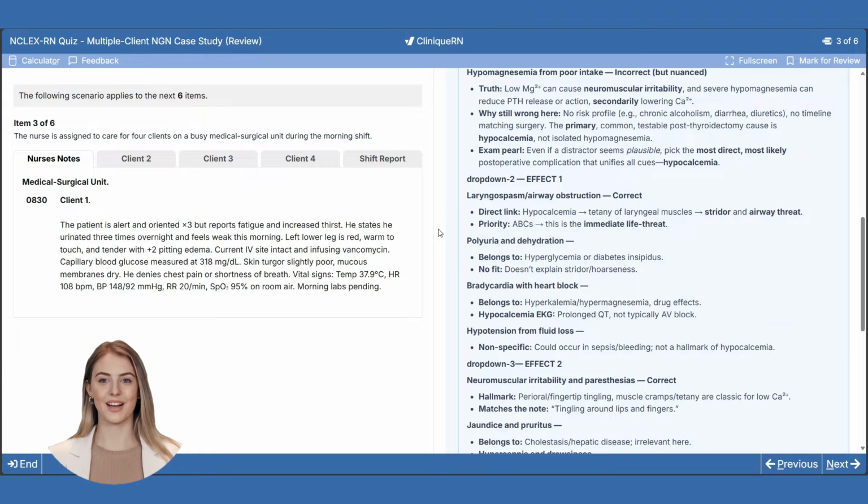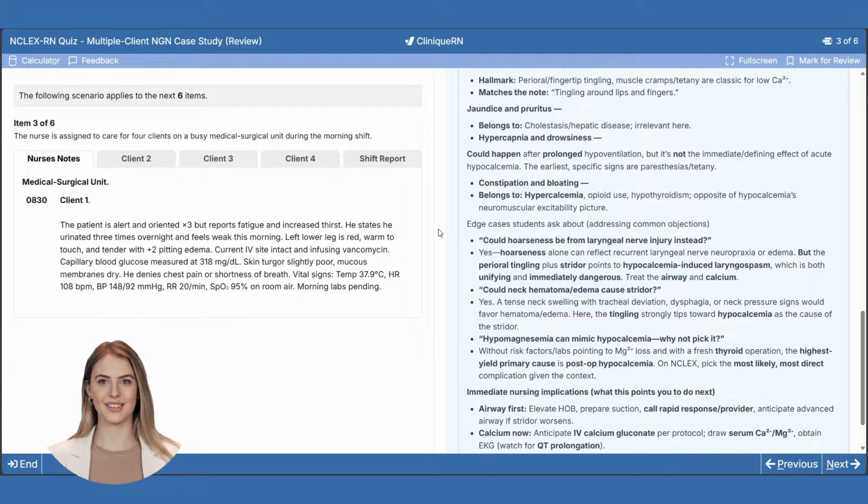Drop-down 3, effect 2: neuromuscular irritability and paresthesias. Correct. The hallmark perioral and fingertip tingling, muscle cramps, and tetany are classic for low calcium ion. It matches the note: tingling around lips and fingers. Jaundice and pruritus belong to cholestasis or hepatic disease, irrelevant here.